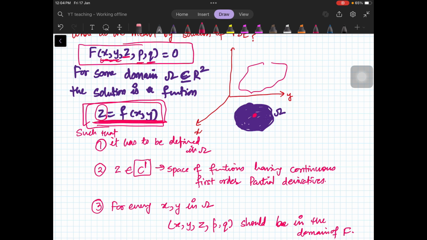So this point has to be in the domain of F. You can think of F as a function from, say, R5, because it has 5 inputs, right?